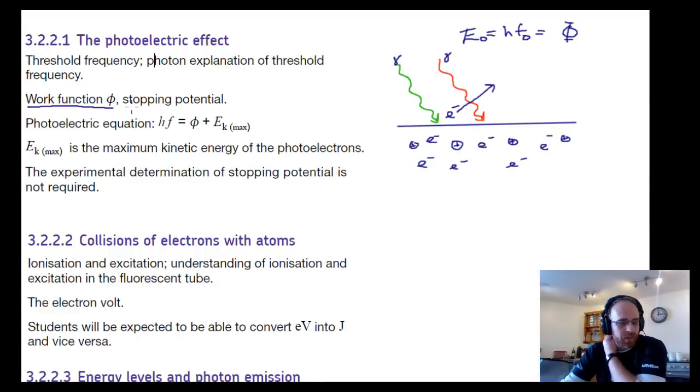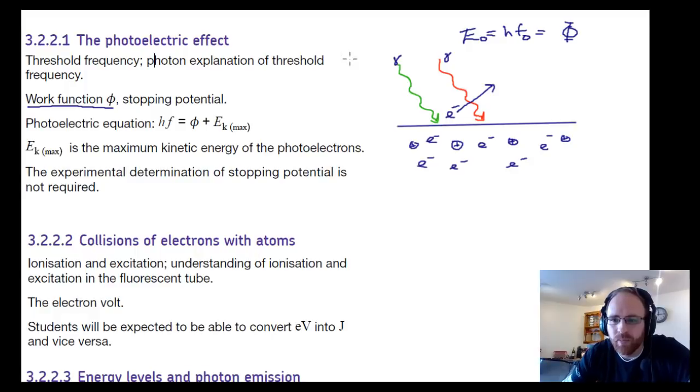So the work function of a metal is the minimum energy required to remove an electron from the surface of a metal. In this case, my green photon has got enough energy to remove an electron from the surface, and my red photon does not have enough energy to remove an electron from the surface.